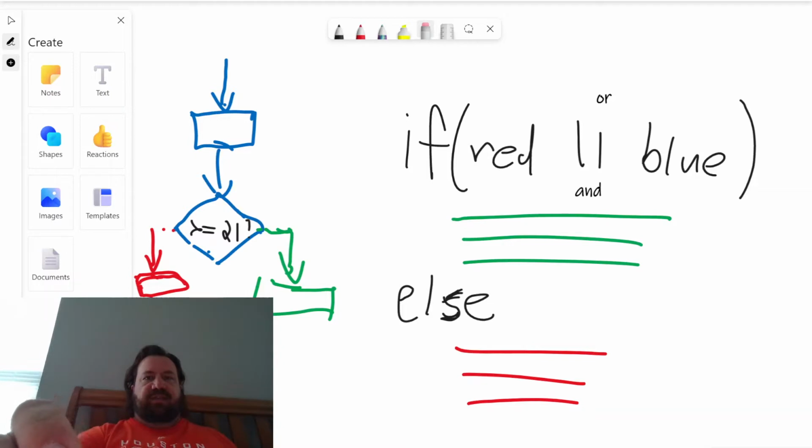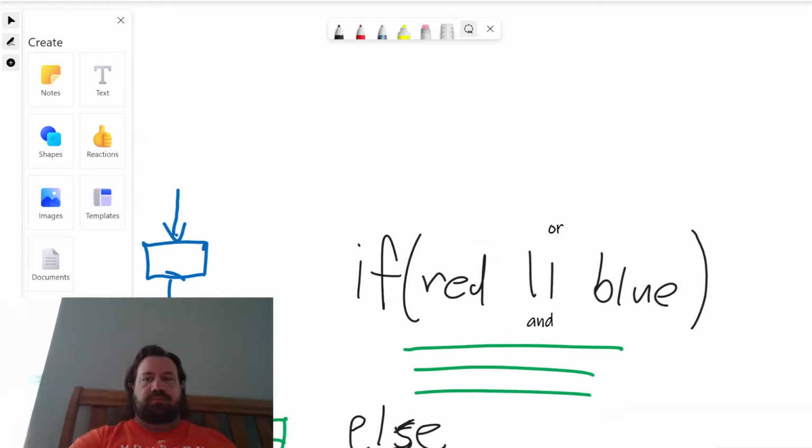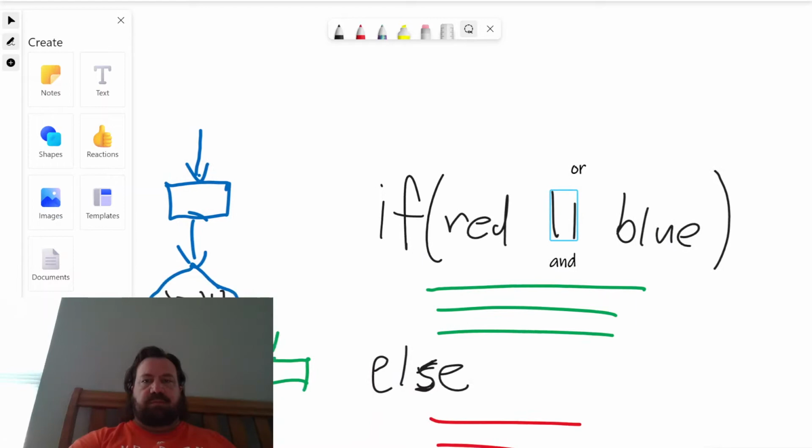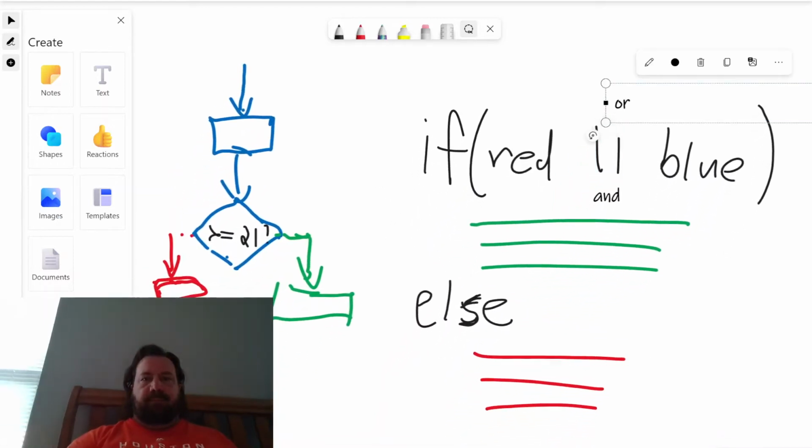Okay, and these things are called Boolean logic.